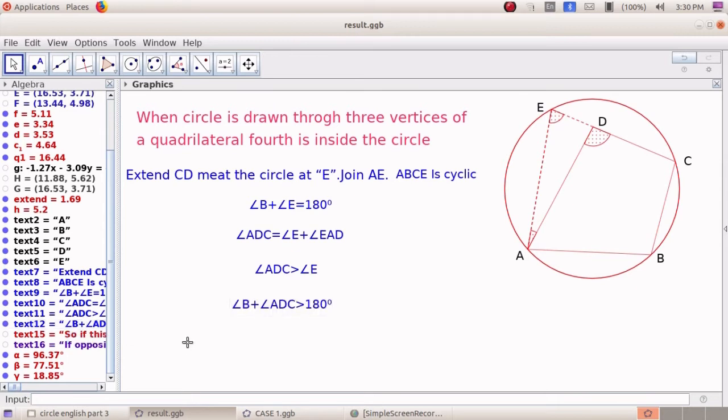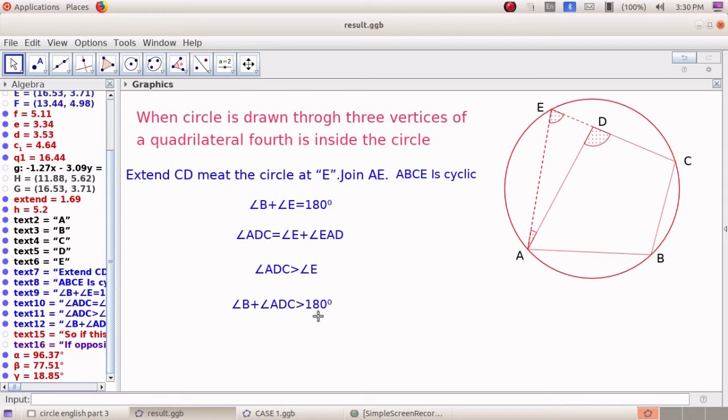So what we have got is that when a circle is drawn through three vertices of a quadrilateral, if the fourth point is inside the circle, then the sum of the angle at that vertex, angle ADC, with the opposite vertex is greater than 180 degrees.